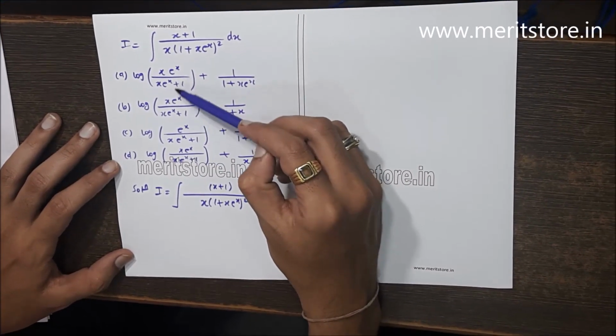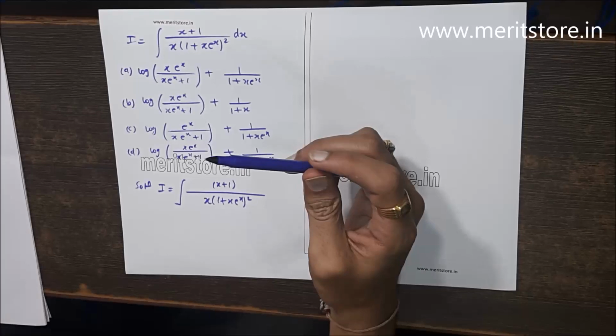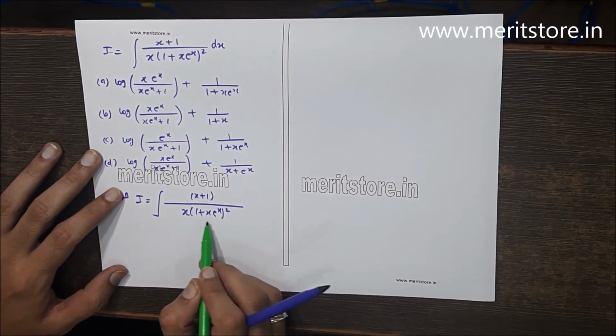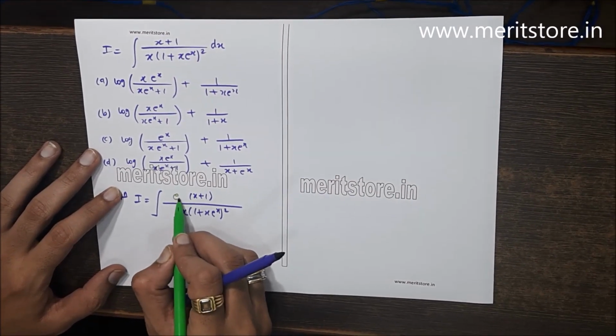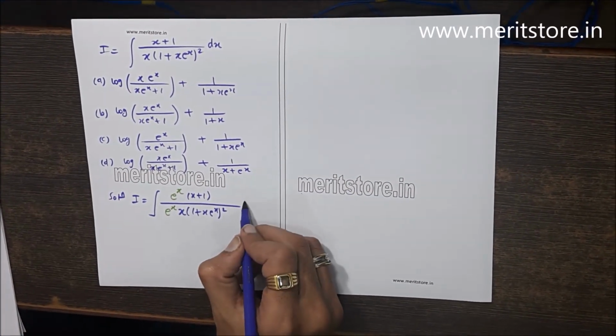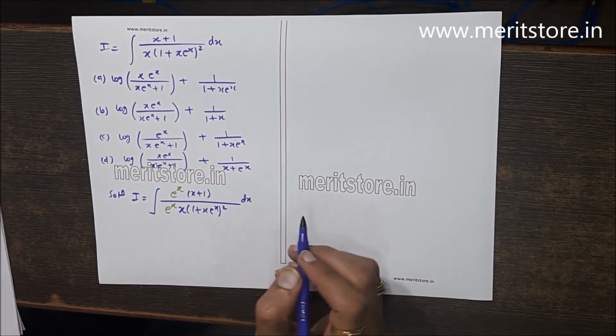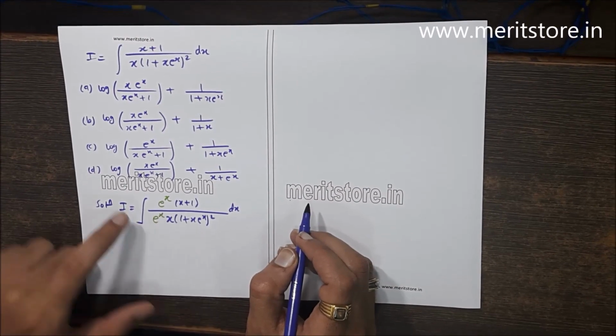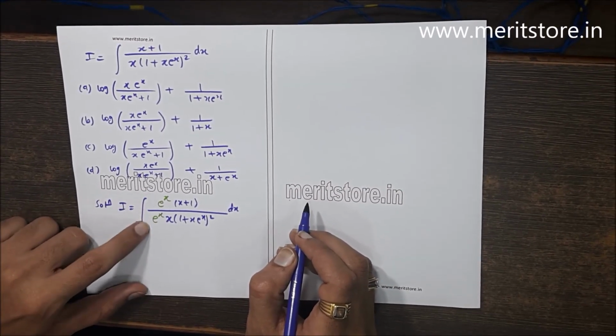We observe that there is an e raised to x in the numerator in all the cases, and when I'll be substituting 1 plus x e raised to x, I would like to have this e raised to x term in the numerator and the denominator. These two things, the option and the substitution, give me a rough idea about this adjustment.